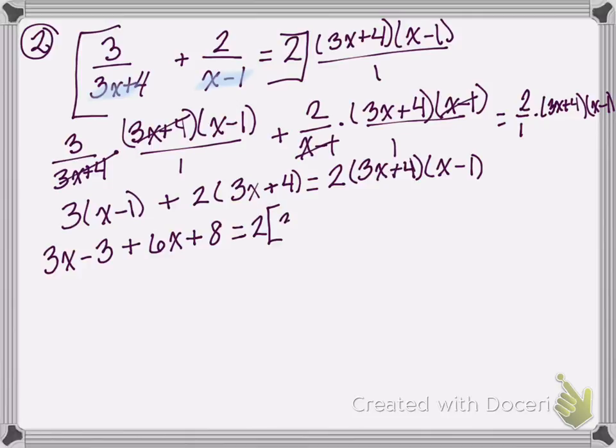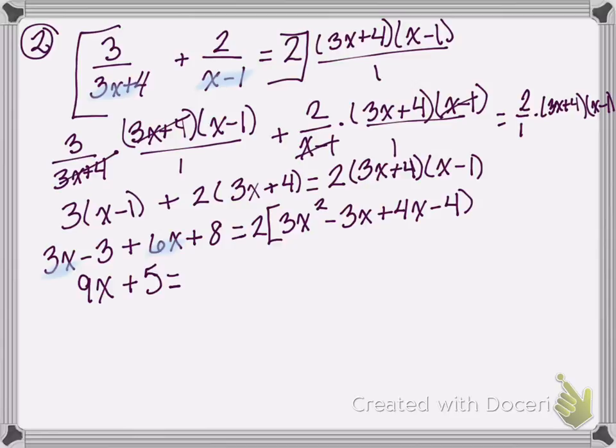So we have 3x squared minus 3x plus 4x, and then we're going to have 4 times negative 1, so it's going to leave us with negative 4. So on the right-hand side, I'm going to go ahead and combine some like terms. So there I have 3x and 6x that can be combined for 9x. Then I have negative 3 and positive 8, and that's going to leave me with 5.